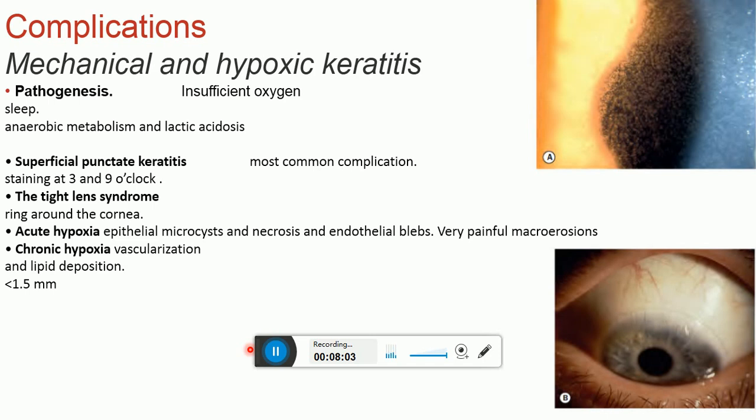The treatment of all these depends on the cause, but may involve increased oxygen permeability by refitting with a thinner lens, a gas permeable rigid lens, or a silicone hydrogel soft lens, or modifying the lens fit to increase movement and reducing lens wear time.